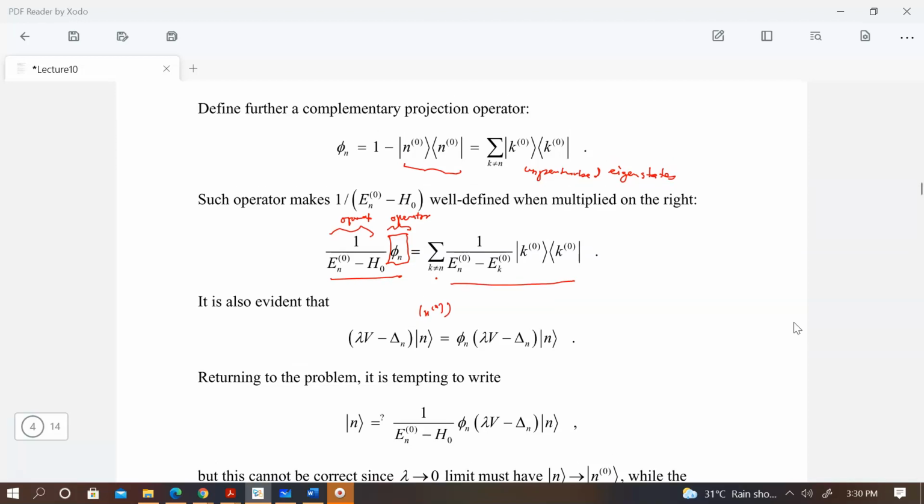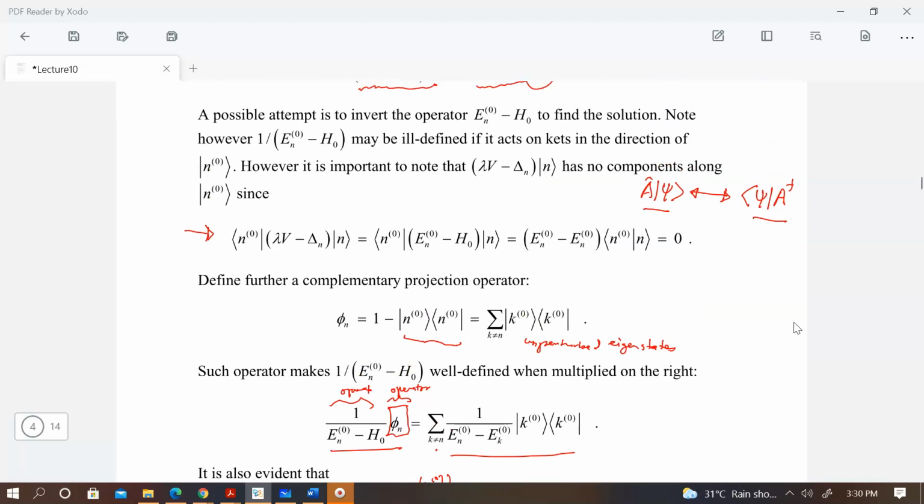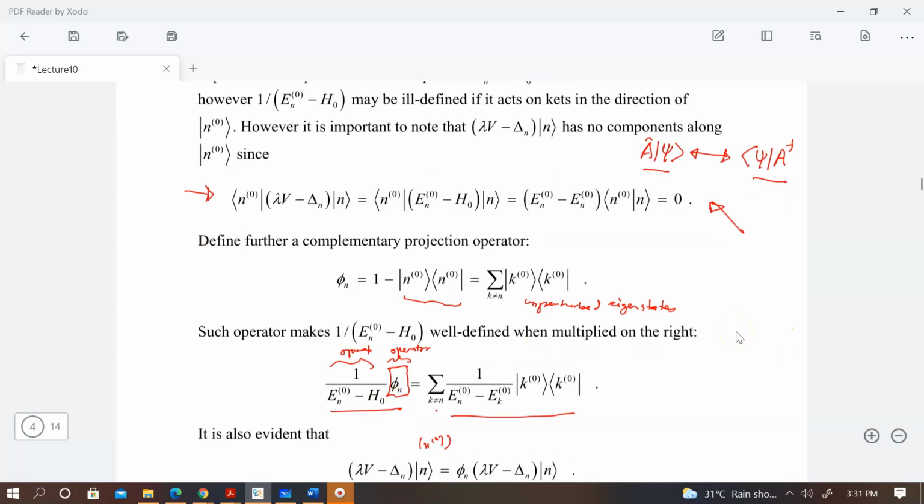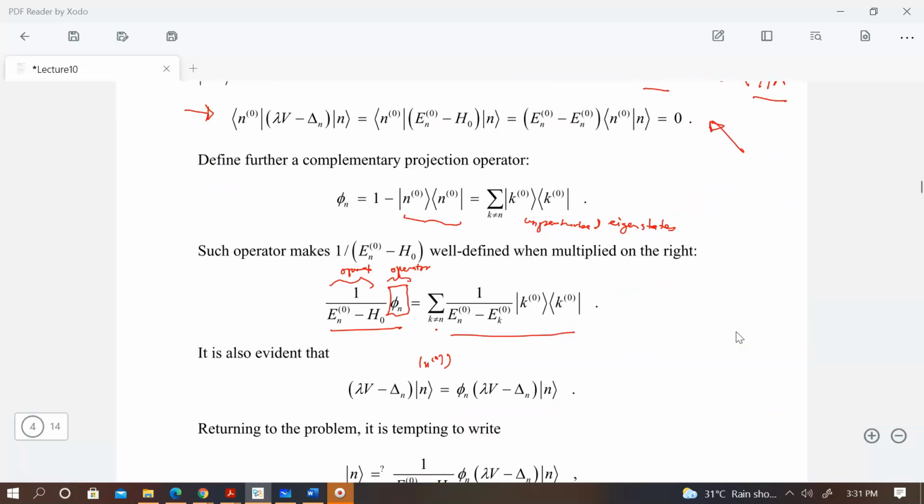The previous thing that we had here. So in other words, if I also add this complementary projection operator, it doesn't do anything. So I can replace your lambda v minus delta n by phi n lambda v minus delta n.